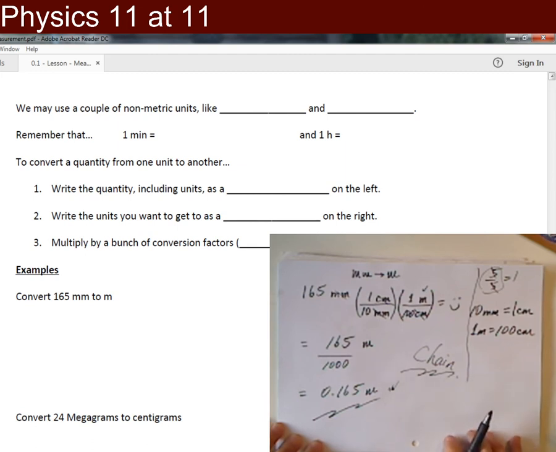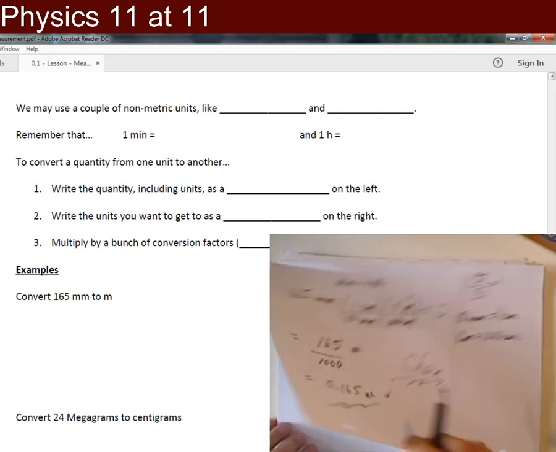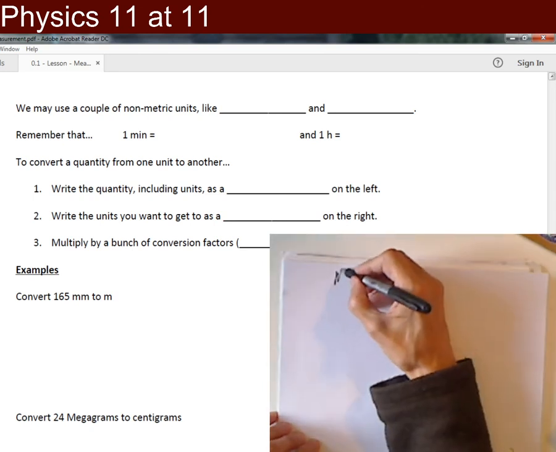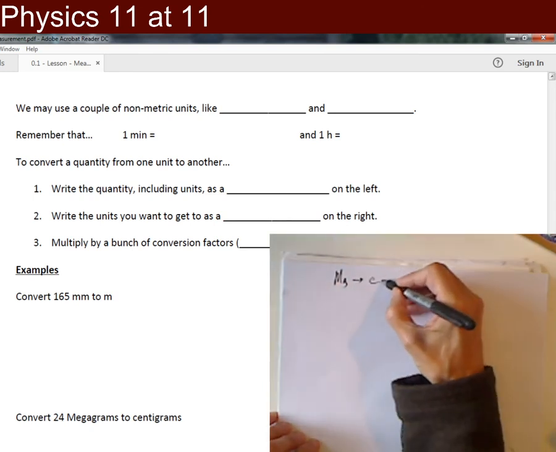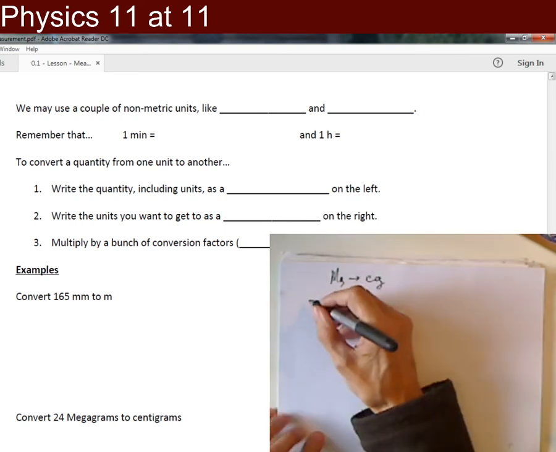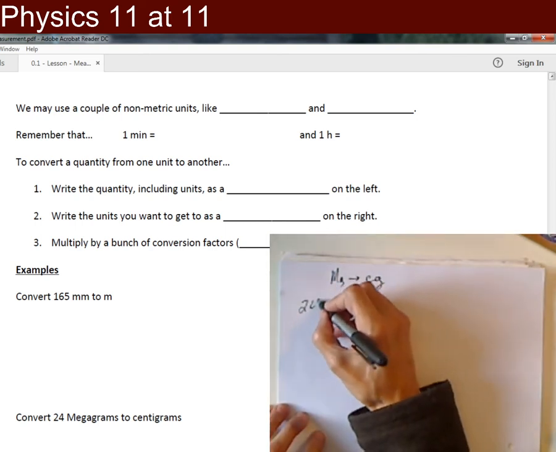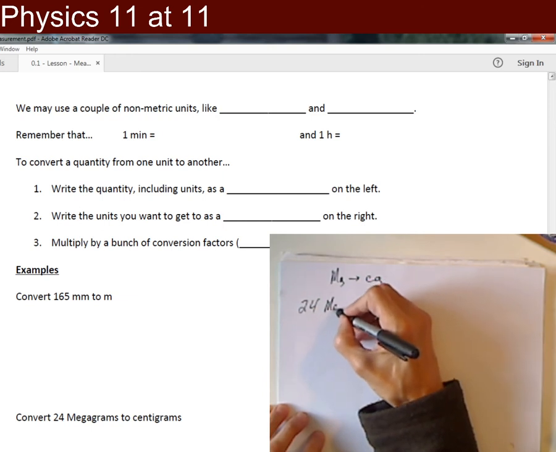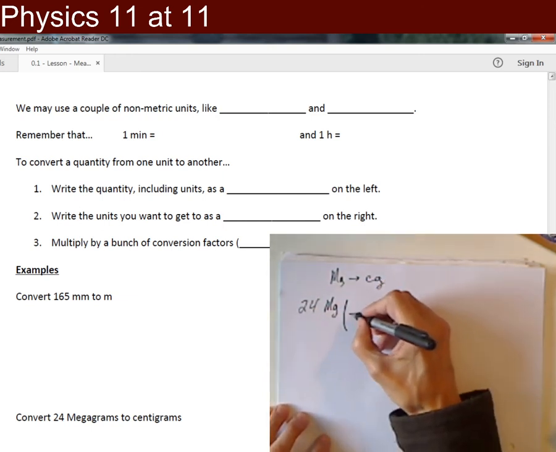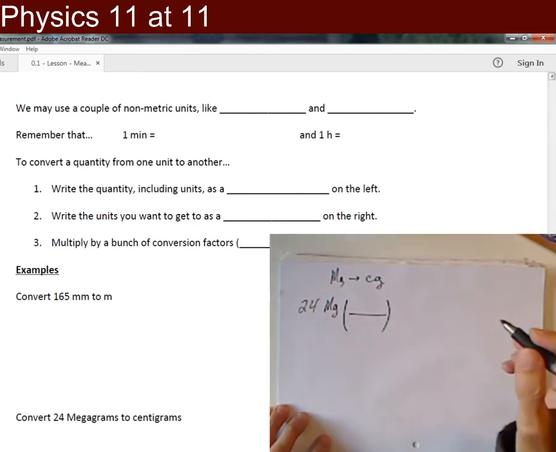All right, let's try the second example. Megagrams. We've got megagrams to centigrams. Why? No idea. But this is how it goes. 24 megagrams, multiplying it by something we know.